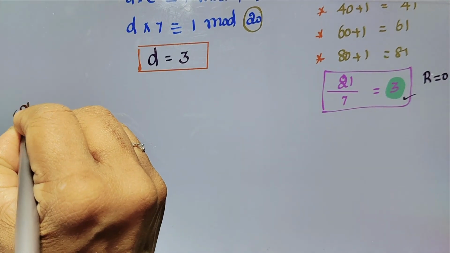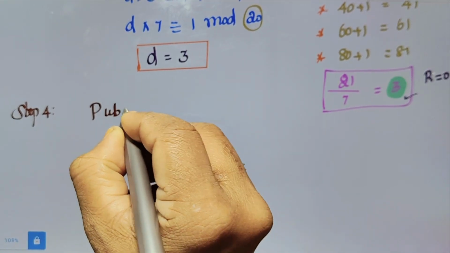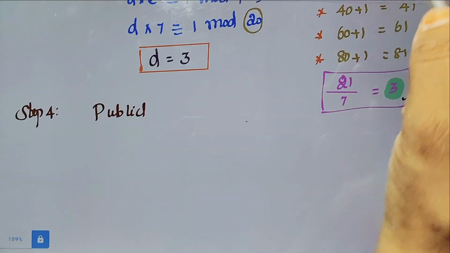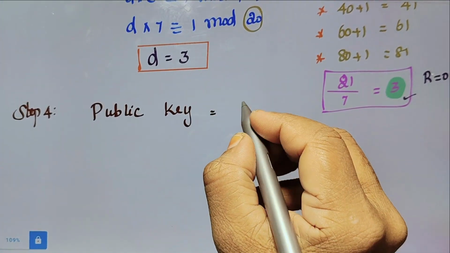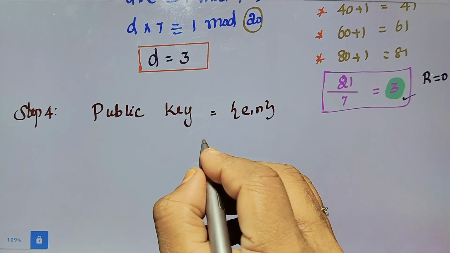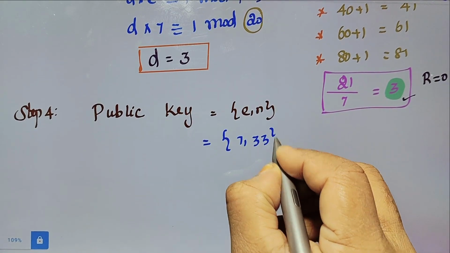Next, write public and private key. Step 4, public key. The formula is E comma N. Write E and N value. Here E value 7 and N value 33.